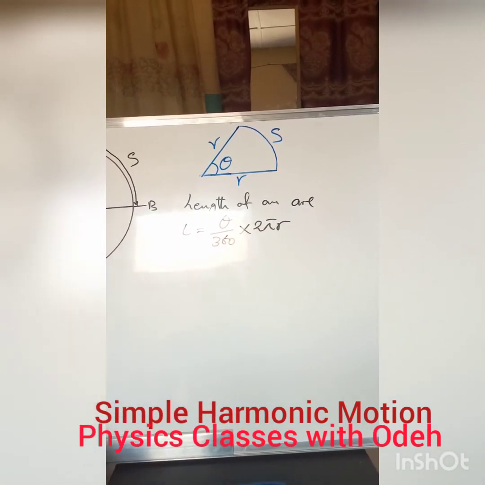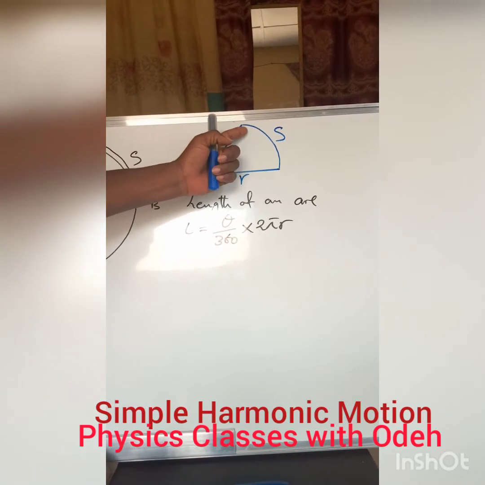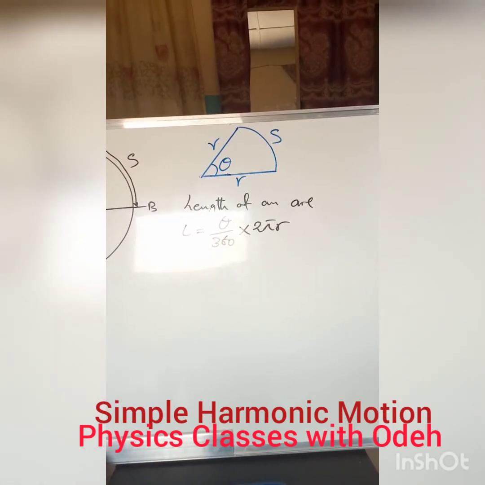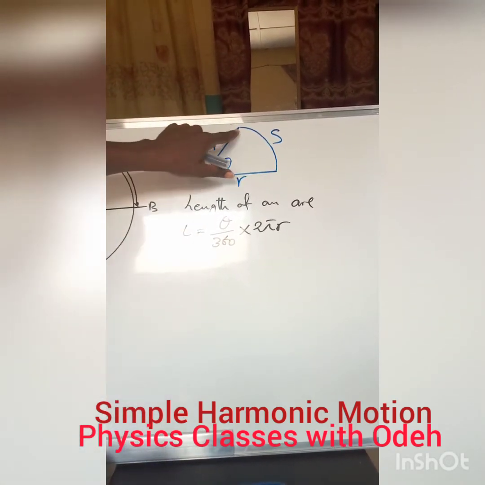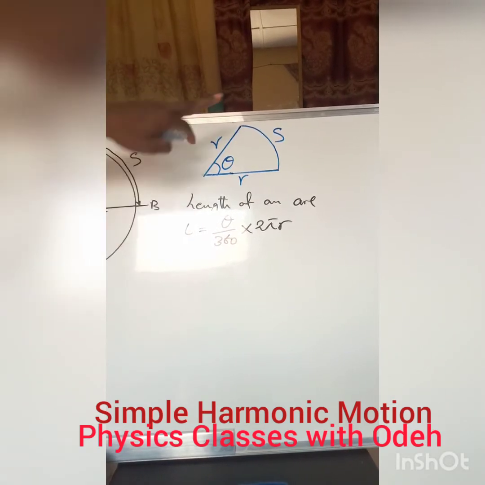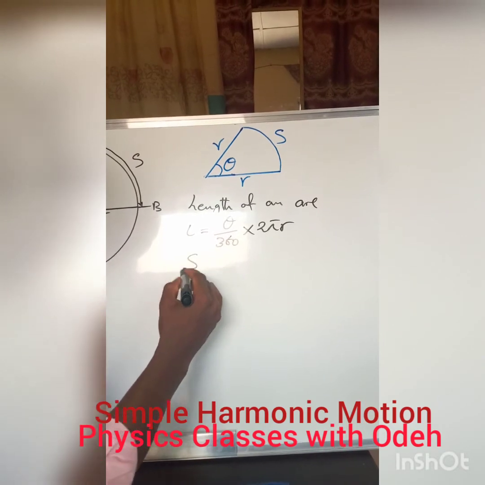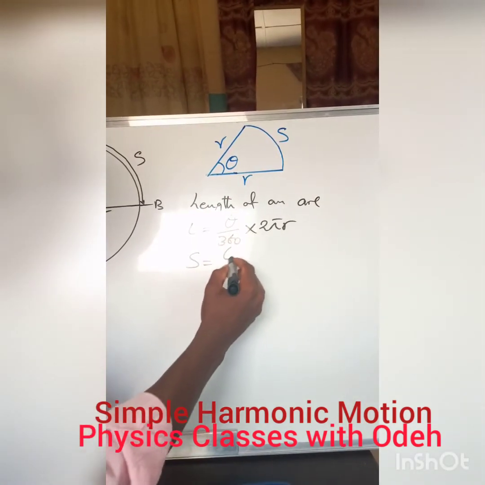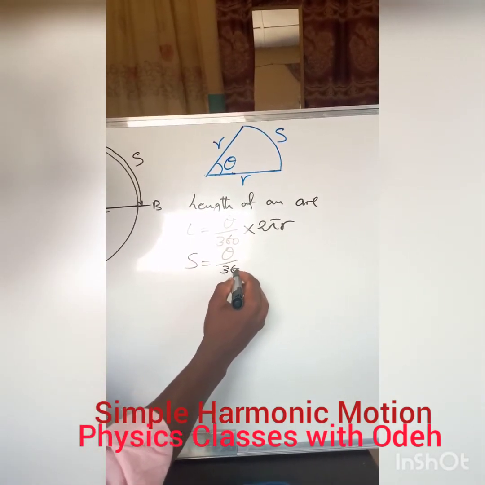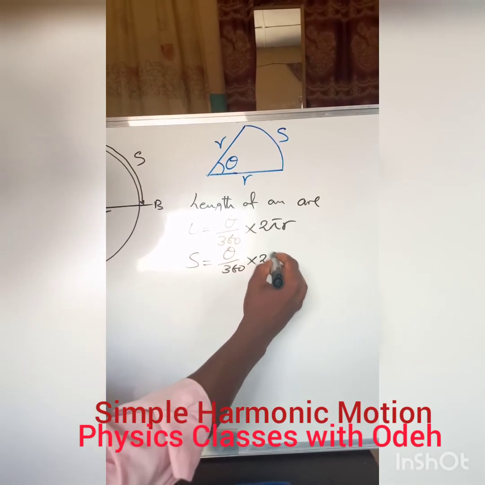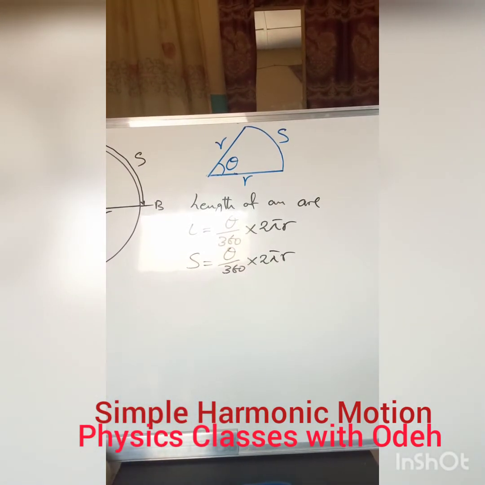Now, if you have this, in the situation we have here, our length of arc is S, because this is the arc we made. So the length of the arc here becomes S. So we can replace this by saying S here is theta all over 360 times 2 pi r. Very simple.